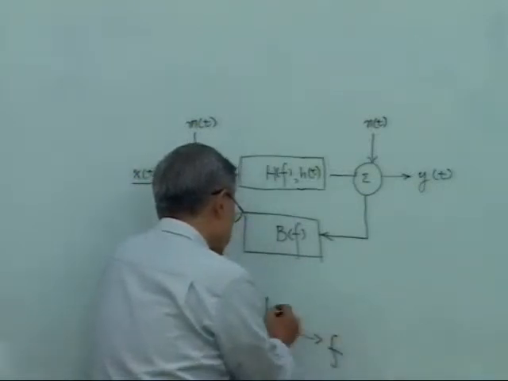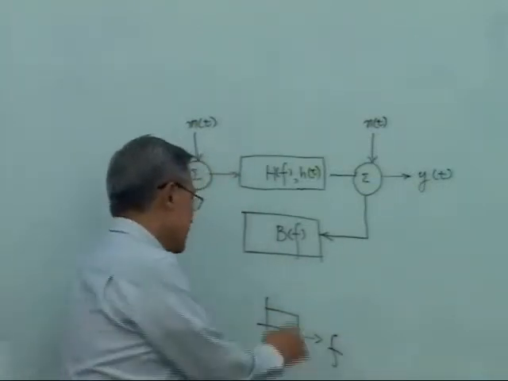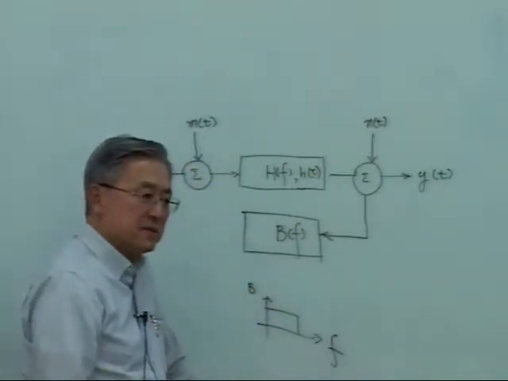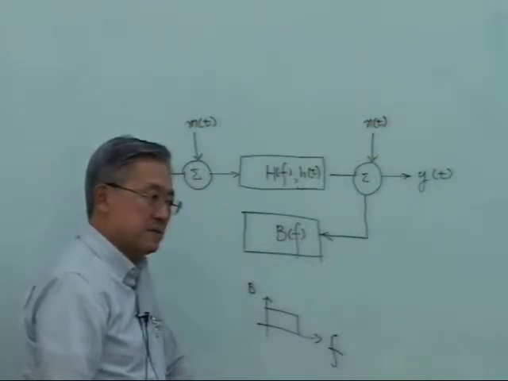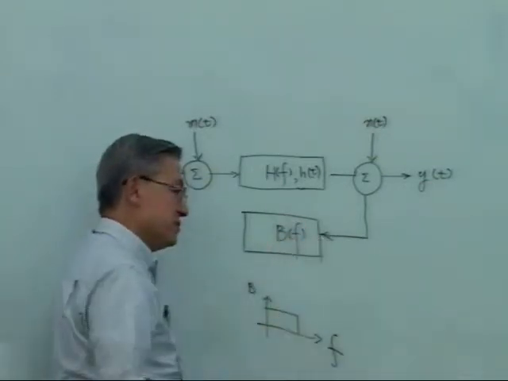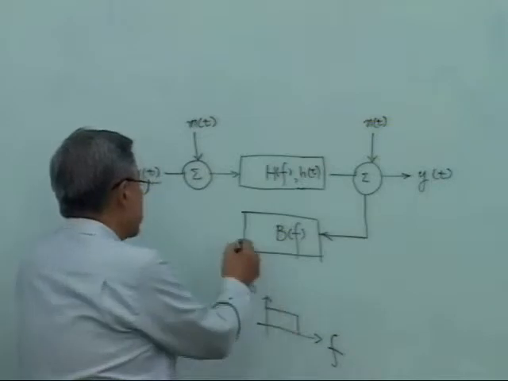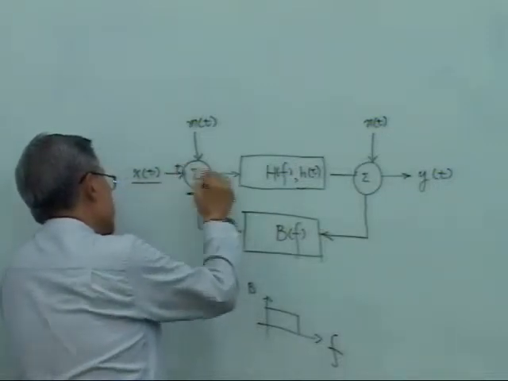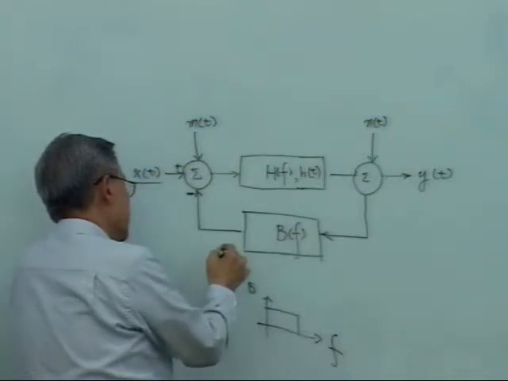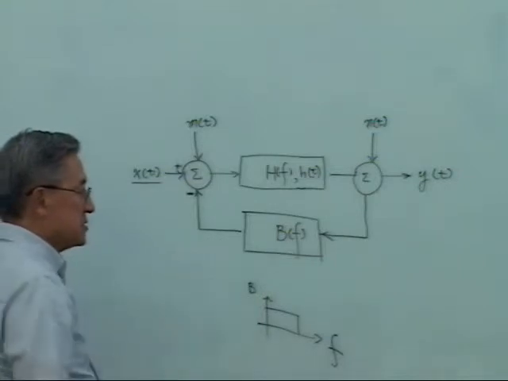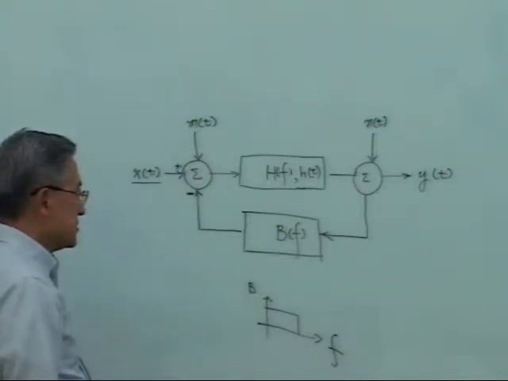In the frequency domain, it's like this. Okay, constant. That's a white noise spectrum. It's flat. Could be 1, 2, 3, whatever. So then this goes back to here. This is a negative. This is a positive. So we study this in 2 sections, 3 sections, vice versa.